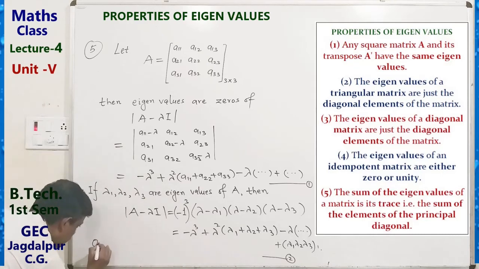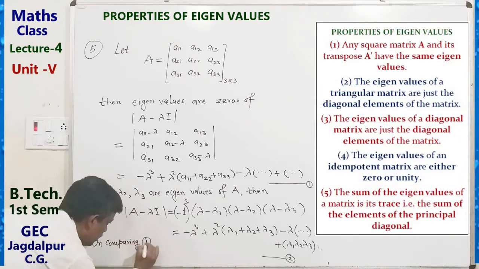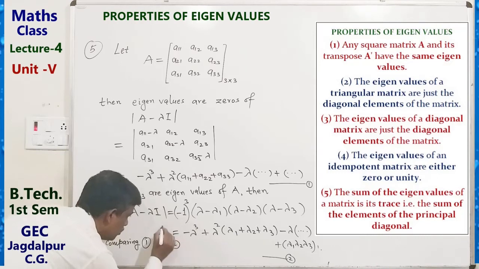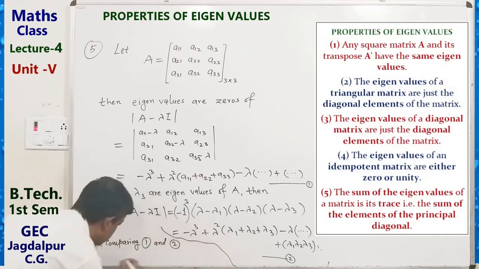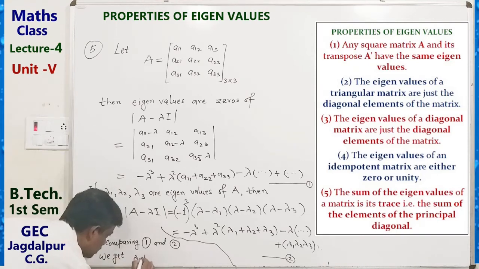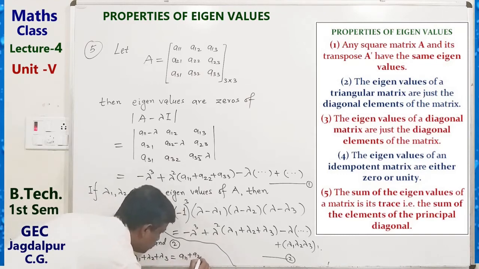On comparing 1 and 2, we get lambda 1 plus lambda 2 plus lambda 3 equals A11 plus A22 plus A33.